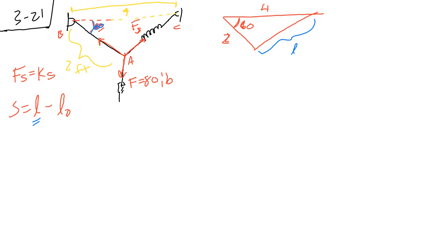So L is the square root of 4 squared plus 2 squared minus 2 times 2 times 4 times cosine of 60, which is basically a half.